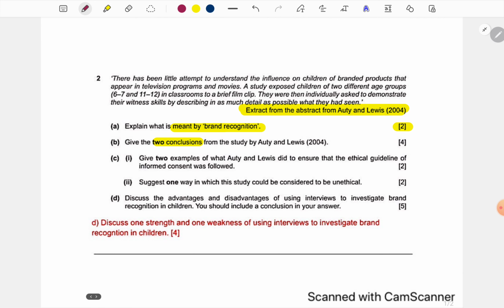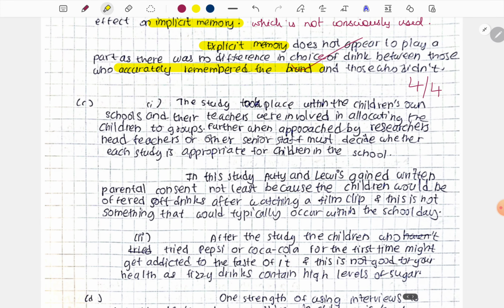Next is: give two examples of what Otti and Lewis did to ensure the ethical guideline of informed consent was followed. Okay, so here the answer is that the teachers were involved because the study took place in the school. So of course it can be assumed that the teachers were willing.